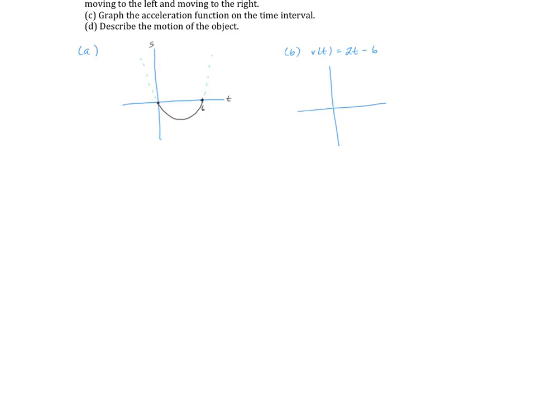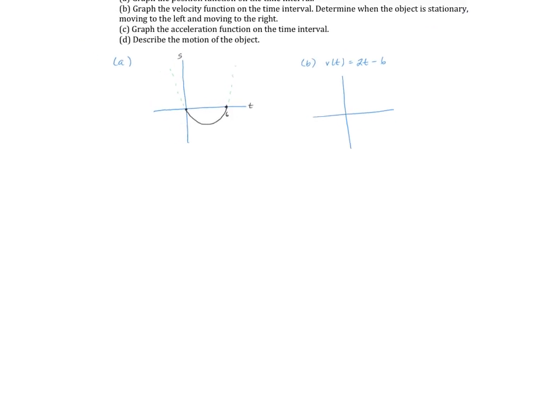So when t is 0, we're at negative 6. And when t is 3, we're at 0. When t is 6, we're at positive 6. So this is going to go something like that. Again, we're only graphing from t equals 0 to t equals 6. Although this line technically keeps going in both directions, we don't need that part of the graph. So this would be at 3.